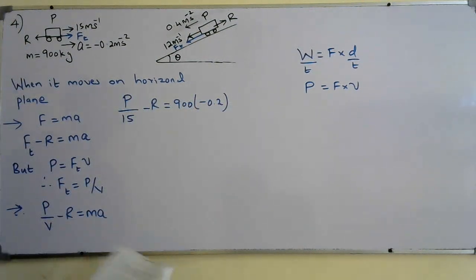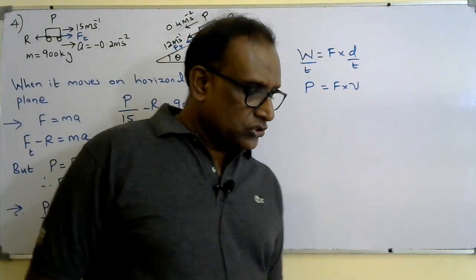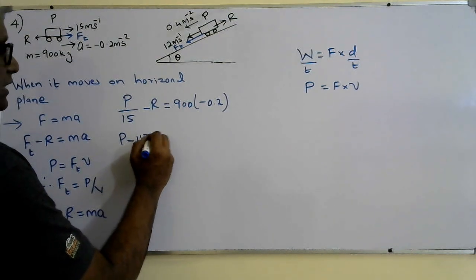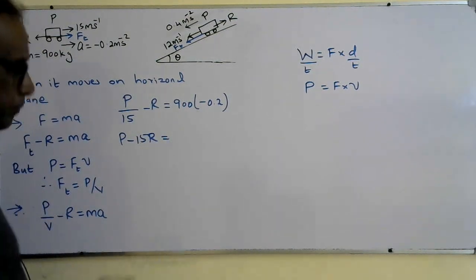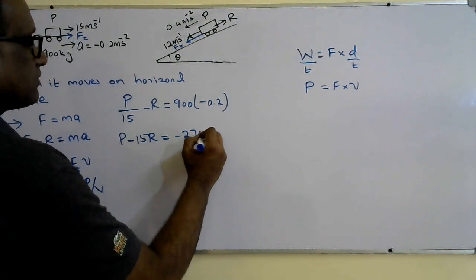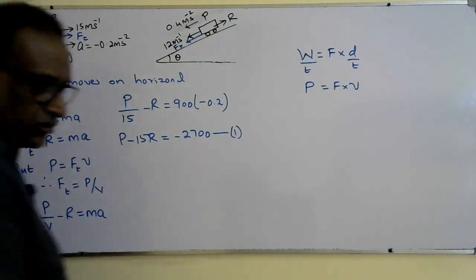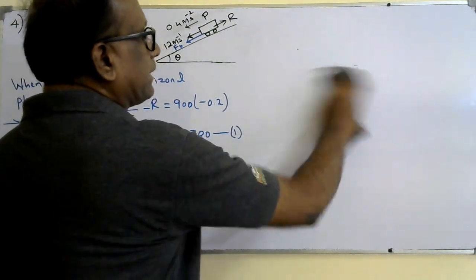Okay, so solve it and get an equation. You will get P minus 15R is equal to minus 2700. Let it be the first equation. Okay, this is for the motion on a horizontal plane.